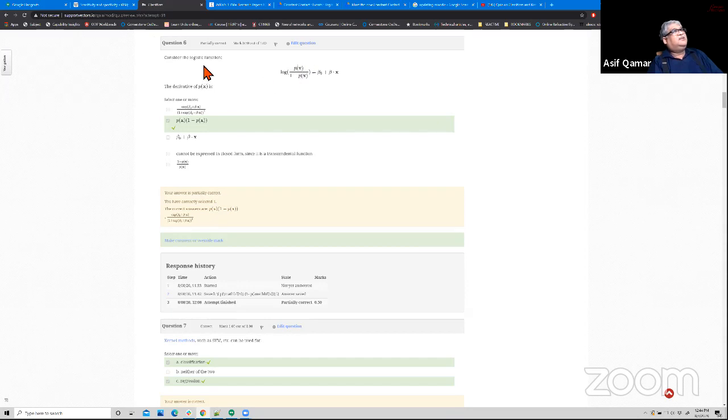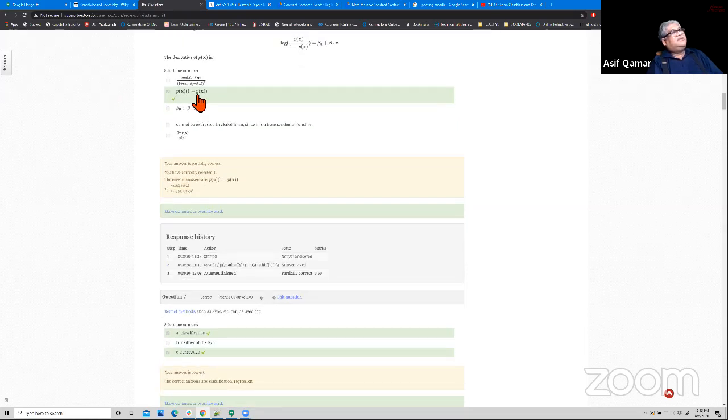If you have a logistic regression equation, the derivative of P in this equation you can write in terms of P or you can write in terms of X. So you wrote it in terms of P, this is correct, but this one is also correct. This one is in terms of X, the input features. This is an implicit function of the response itself.